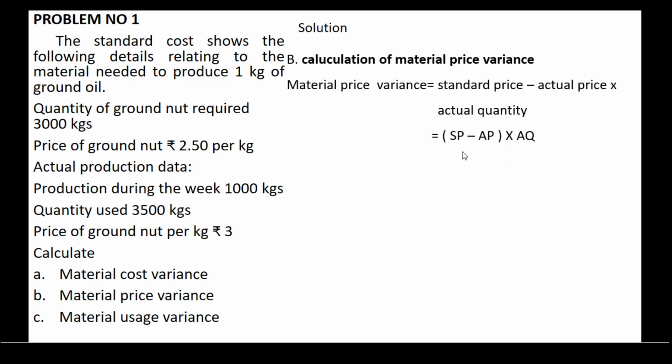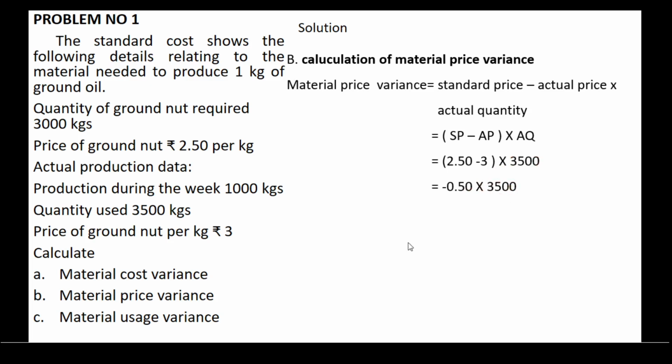So SP, the standard price, minus AP, the actual price, into actual quantity, AQ. That is 2.50 minus rupees 3 into 3500. 2.50 minus 3 is minus 0.50, multiplied with 3500.